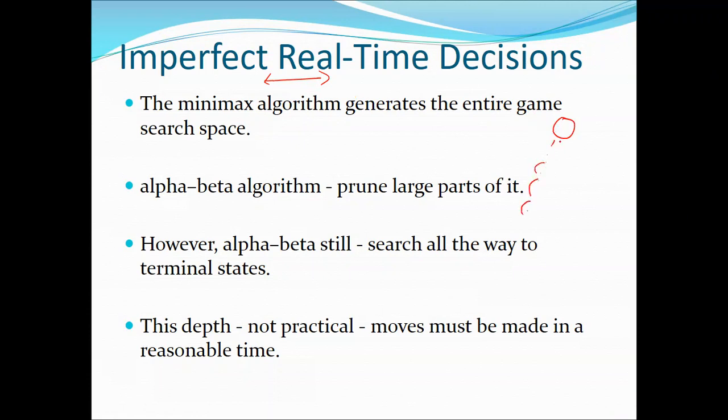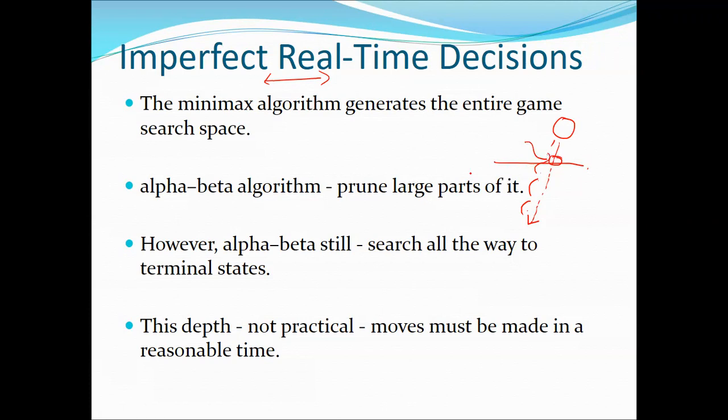It's not possible, because the depth of the tree can be very large. So we cannot go up to that level; somewhere in the middle, we have to cut off. That can be called imperfect real-time decisions, somewhere in the middle, which is an imperfect place. There itself, we have to make some decision.